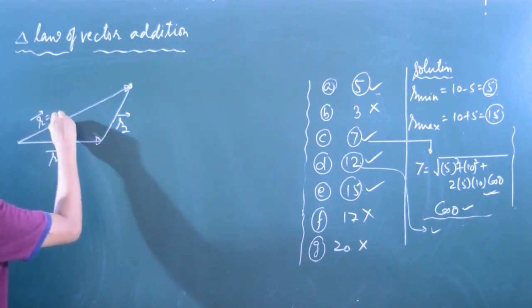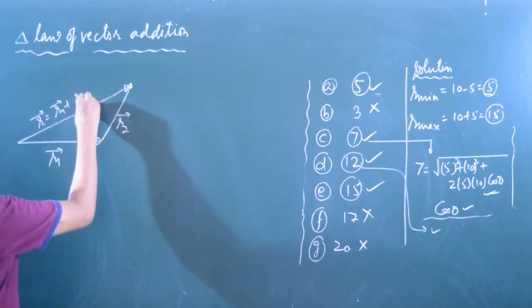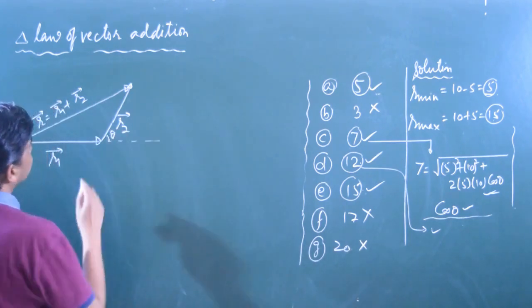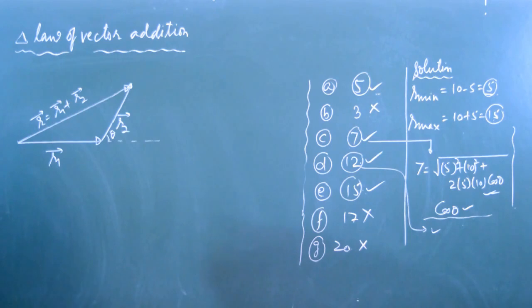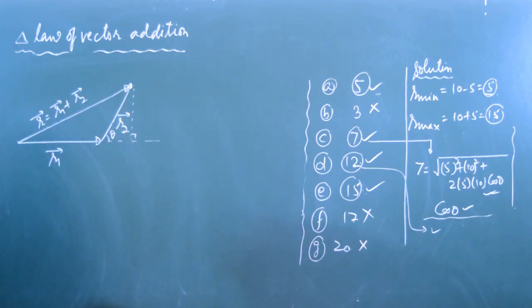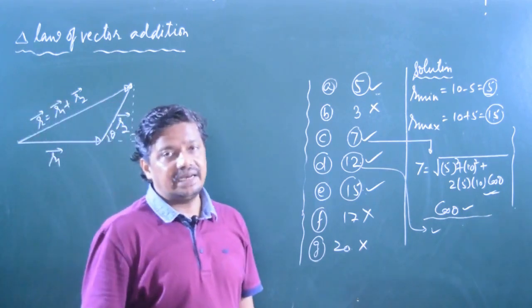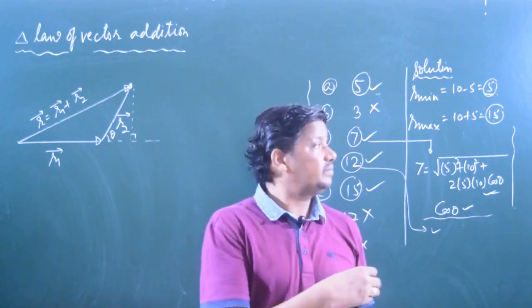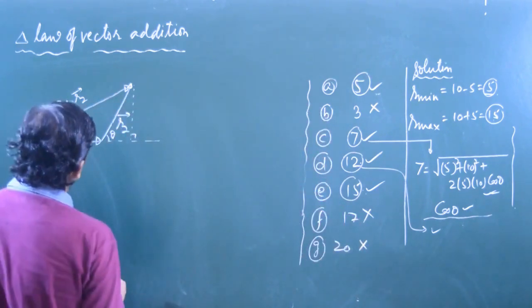So this resultant is R1 plus R2. Now if the angle between R1 and R2 is theta, again you may get the value of the resultant. Again you draw a perpendicular here and use the Pythagoras theorem as we have done in the parallelogram law of vector addition. The derivation is exactly the same as what we did in the parallelogram law of vector addition.